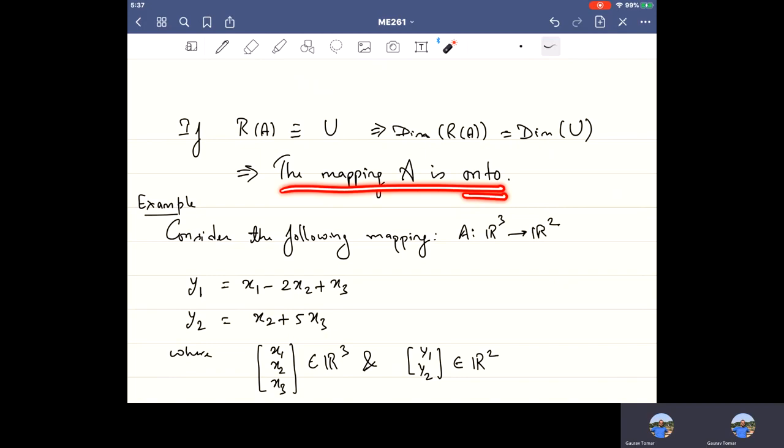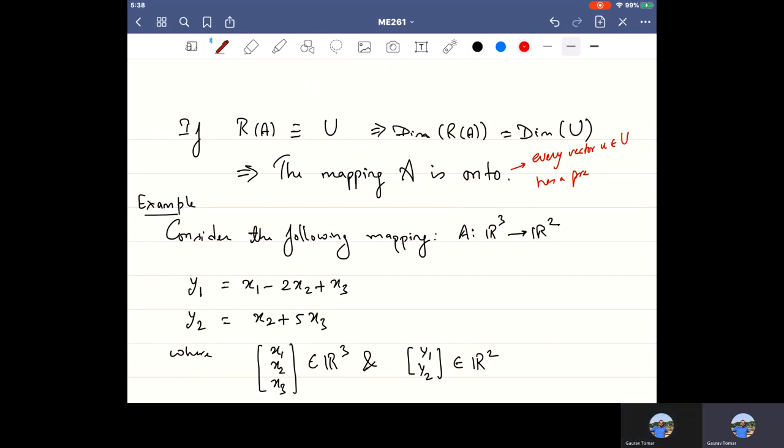That means you're mapping to every vector in U. So every vector of the vector space U has a pre-image in V. The range of A is essentially the entire set of vectors in U.